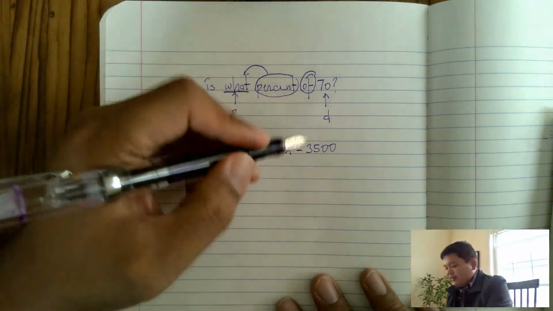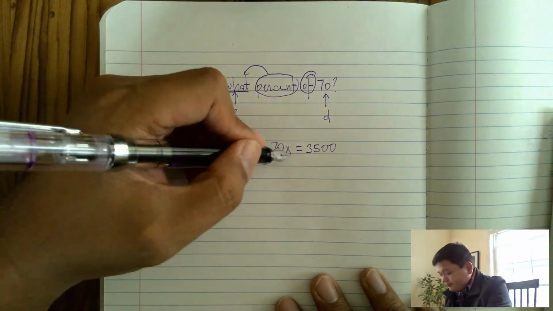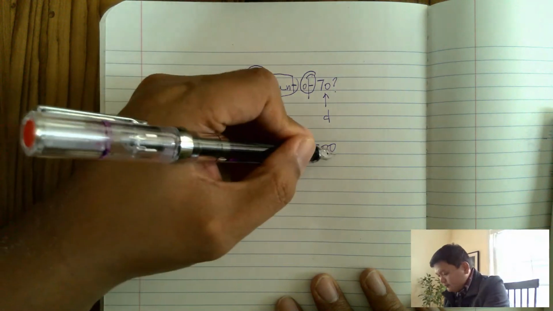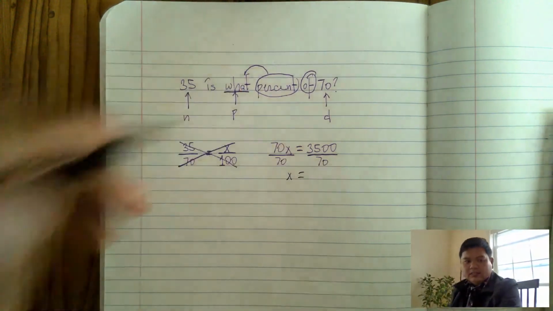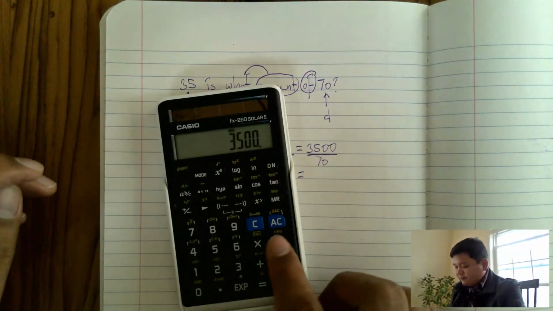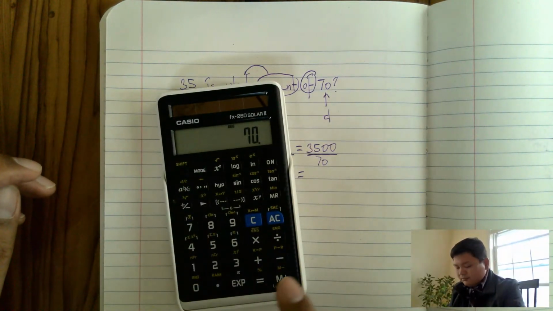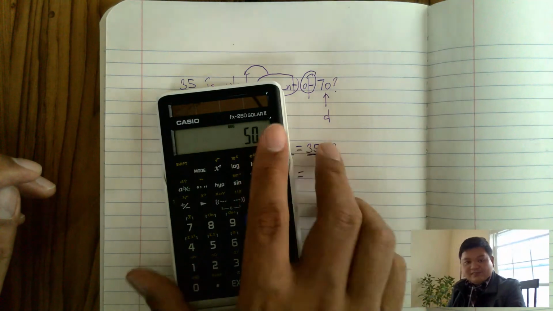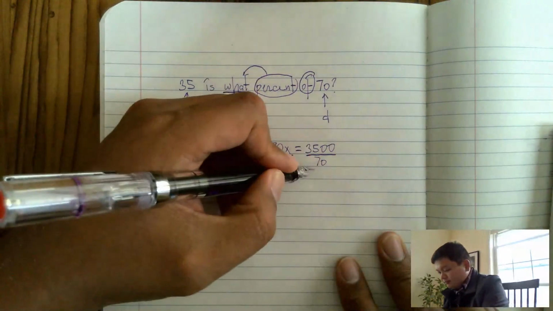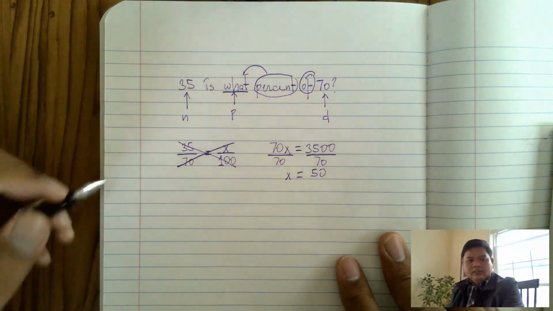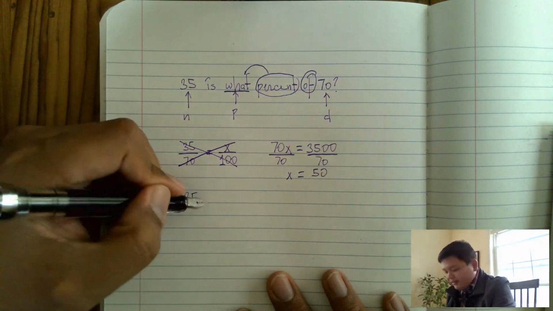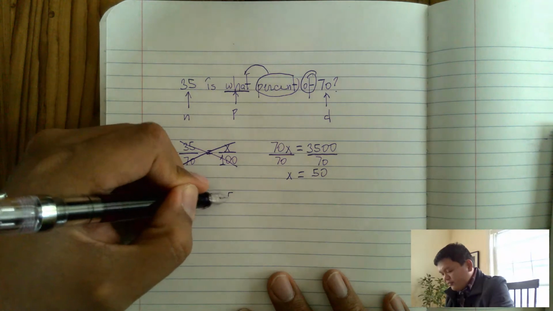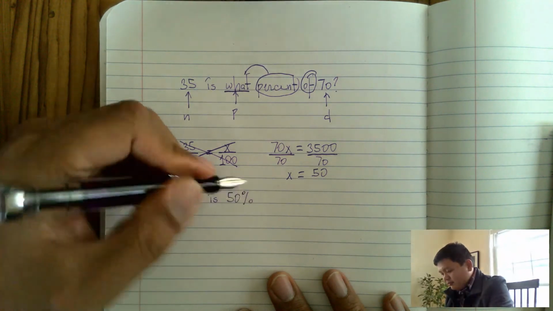Dividing 3,500 by 70 gives us 50. Therefore, 35 is 50% of 70.